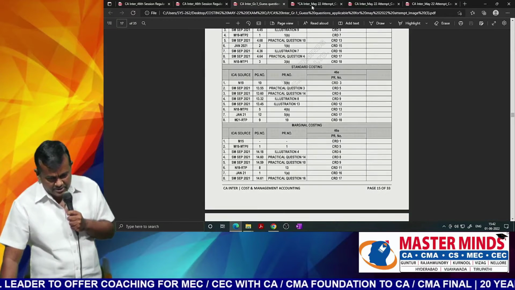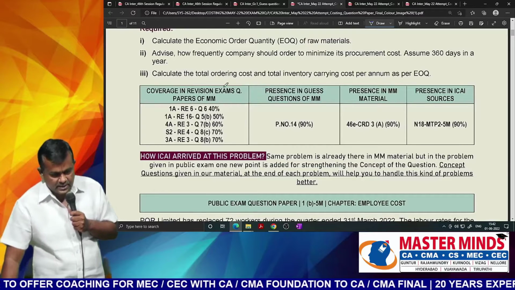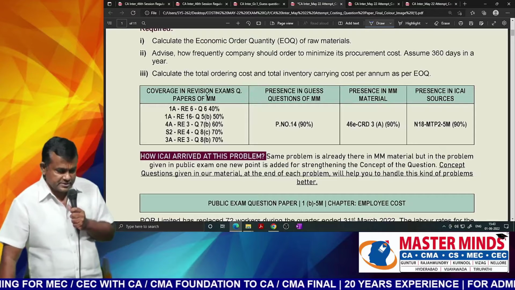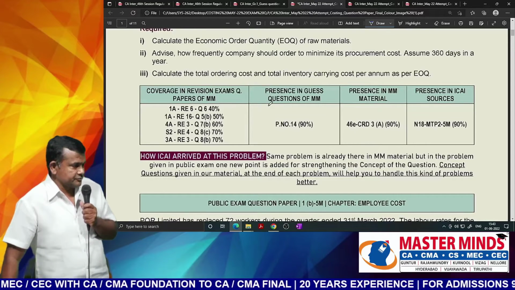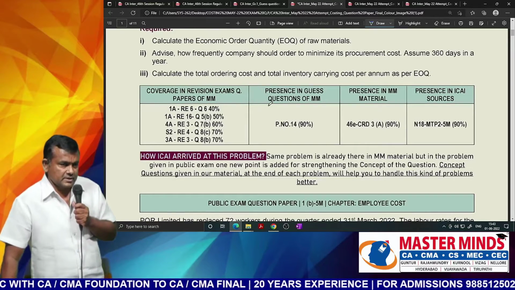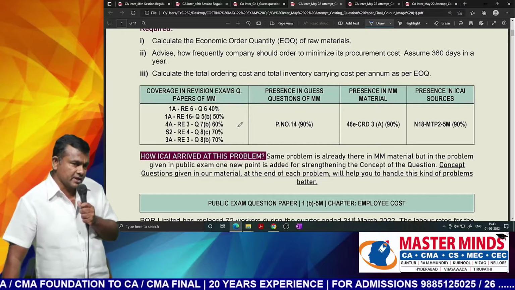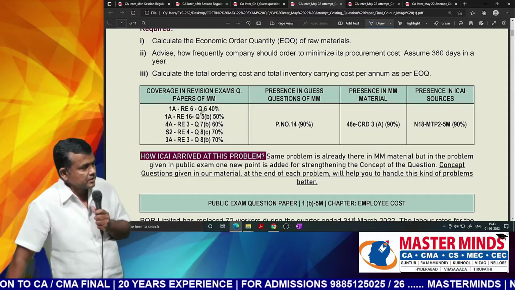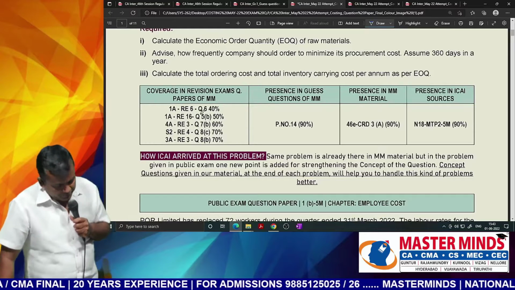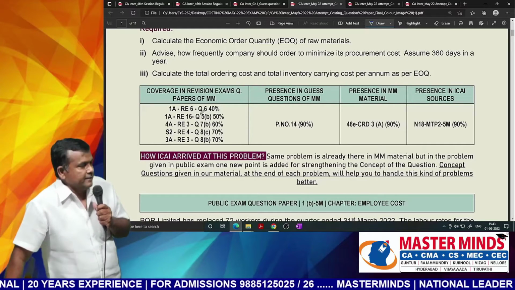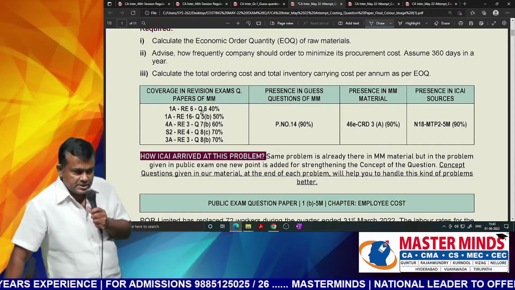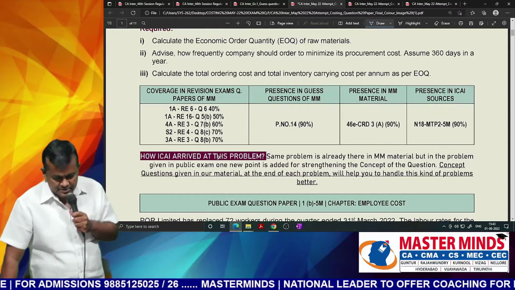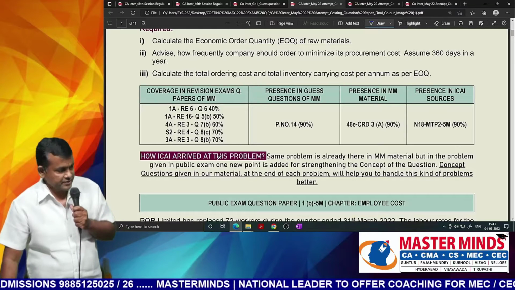In the examination, the third bit is to calculate the TOC and TCC at EOQ. It is simple: square root of 2 AOC. Content I had already discussed at the time of introduction, sir. So TOC plus TCC. If you listen to the classes attentively in the classroom, you can easily do it, sir. Okay, right. So this is the 1A, 5 marks question.